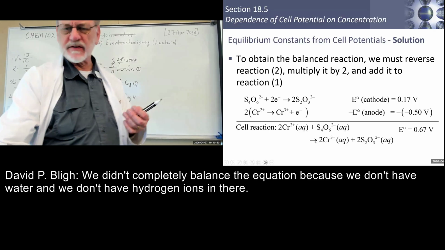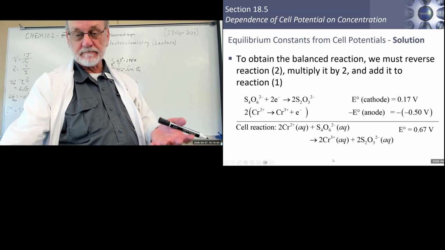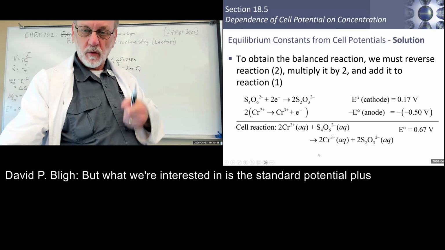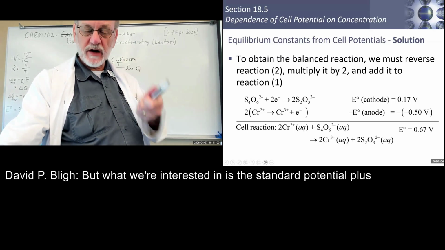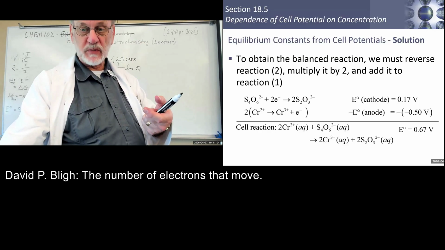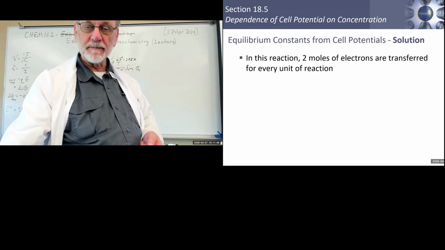We didn't completely balance the equation because we don't have water and we don't have hydrogen ions in there. That would come later if we need them. But what we're interested in is the standard potential plus the number of electrons that move. And it turns out that 2 moles of electrons move.